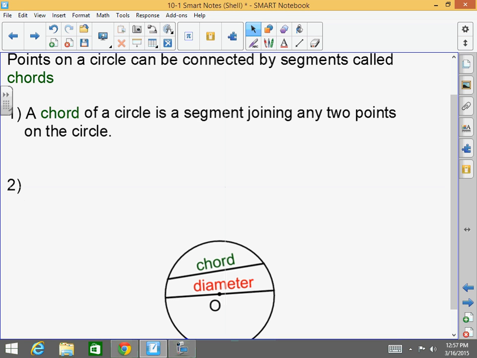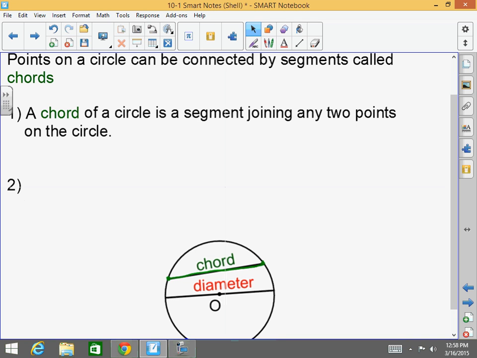A chord of a circle is a segment joining any 2 points on the circle. As you can see here in green, this is a chord. I have this point on the circle, this point on the circle, and I connected those 2 points and created a chord.